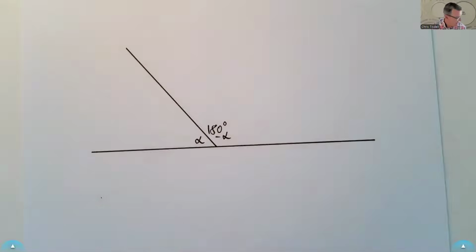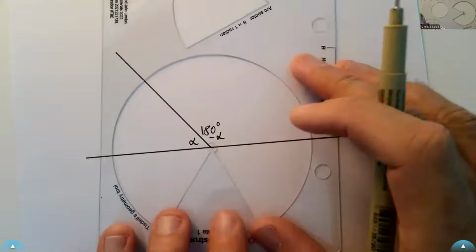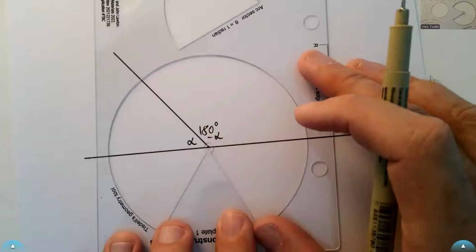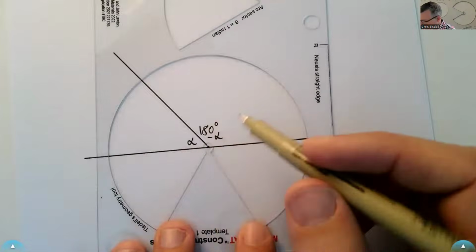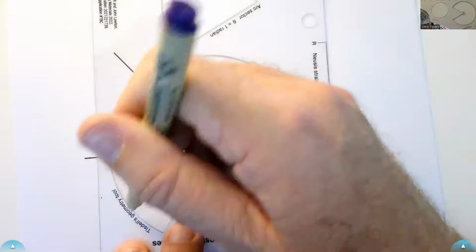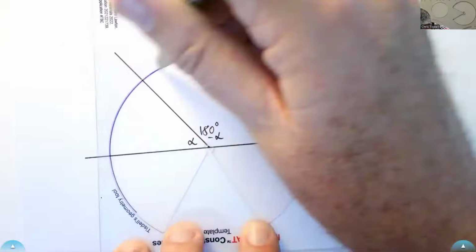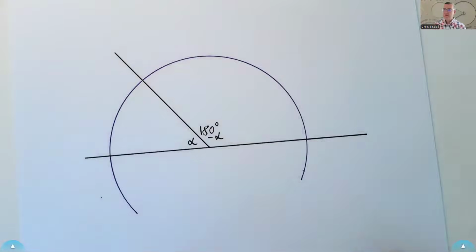All right, so let's start by trisecting alpha. I'm going to put my circle arc template at this vertex, and draw an arc that intersects in three places.